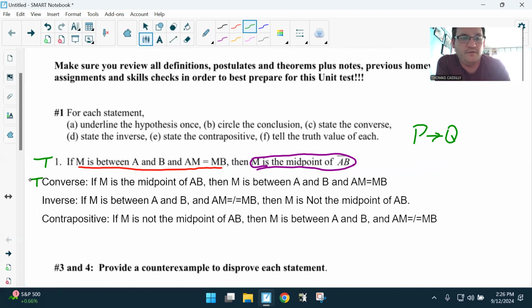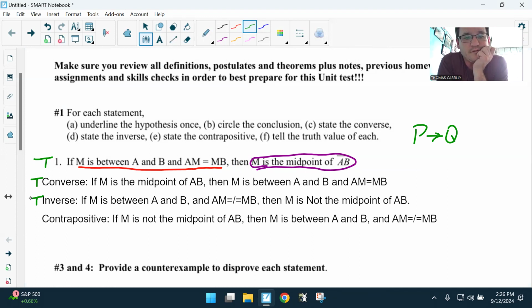Now the next one. If M is between A and B, but AM is not equal to MB, then M is not the midpoint of AB. Again, that seems true to me. All right. And the contrapositive. If M is not the midpoint of AB, then M is between A and B, and AM is not equal to MB.